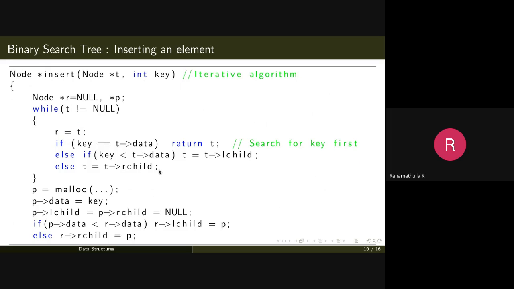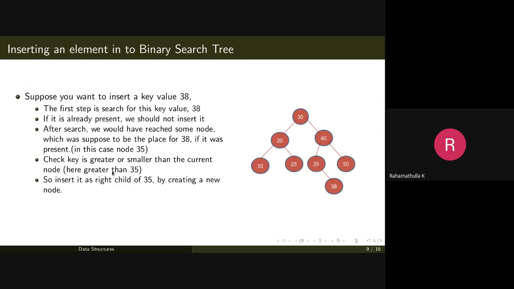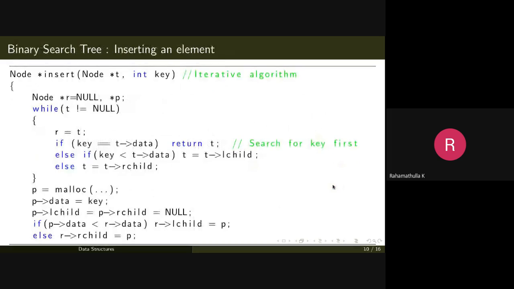So while searching, you will reach some position. In this case, you will reach this position and you will say that 38 is not present, and this element is a leaf node which does not have any left child or right child, so it is a dead end. At that position you will stop and come out of this while loop.